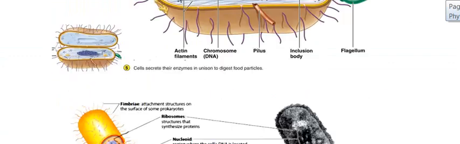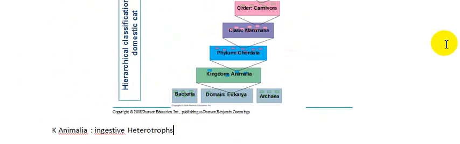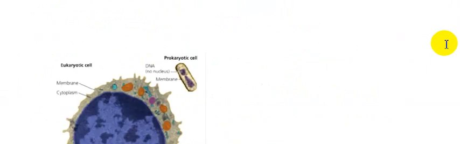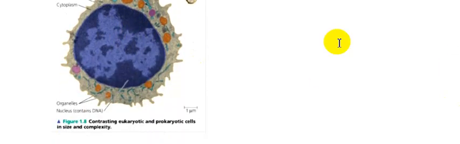This animal cell is very large in comparison to the bacteria. This is a prokaryotic cell, whether eubacteria or archaea. And as you know, here there's no nucleus. This is the nucleoid, and this is the bacterial chromosome. While here you have a clear, definitive nucleus. This is the nucleus.